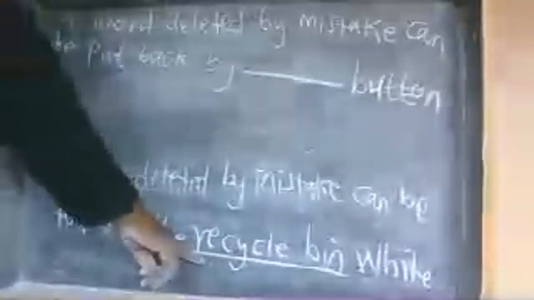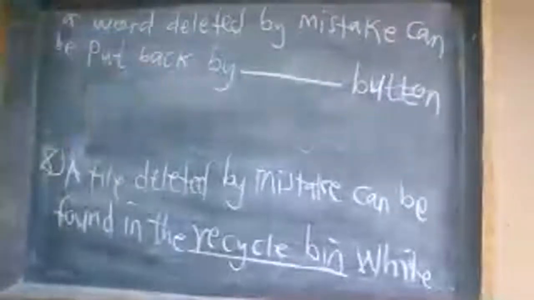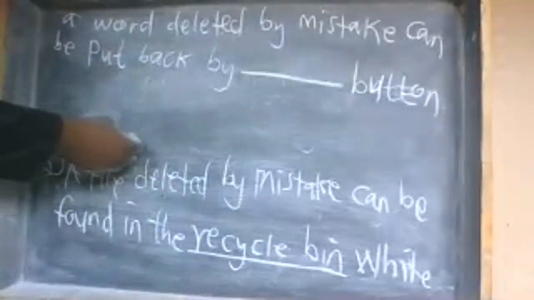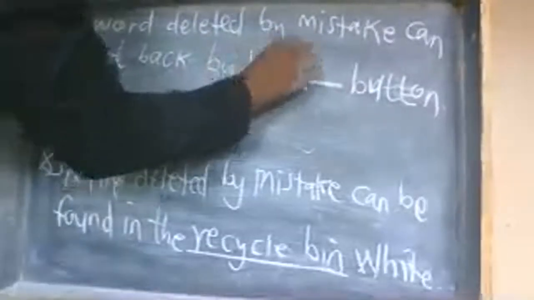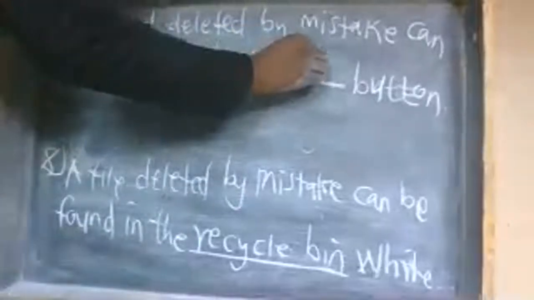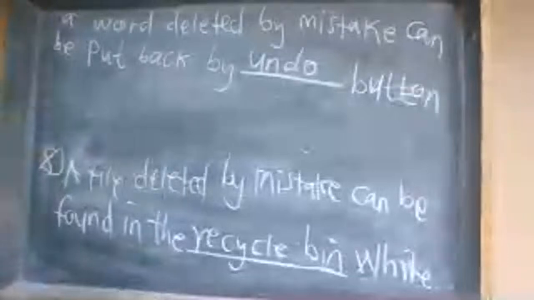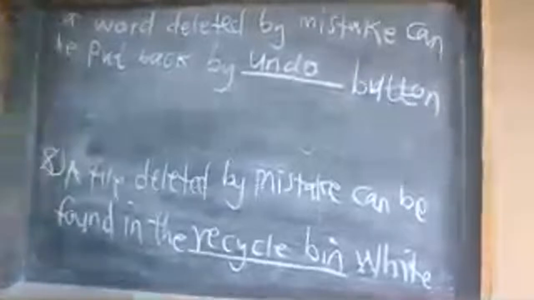So when a file has been deleted by mistake, you can find it in the recycle bin. But if you delete a word, or rather a letter, by mistake, you can put it back by using the undo button. Undo what you did. You are now commanding the computer to undo what you did yourself. So, undo button.